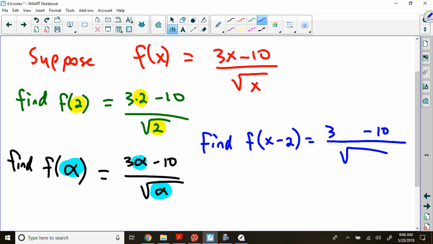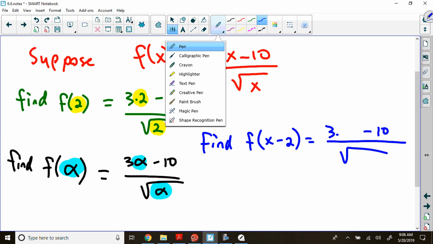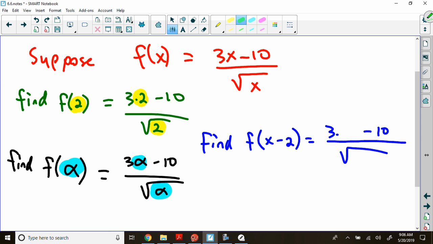Three times the quantity x minus 2. Instead of x, we're going to replace every x with x minus 2. So it's going to be 3 times x minus 2, minus 10, all over the square root of x minus 2. How's everybody doing up to that point? Does that make sense? Try one more.